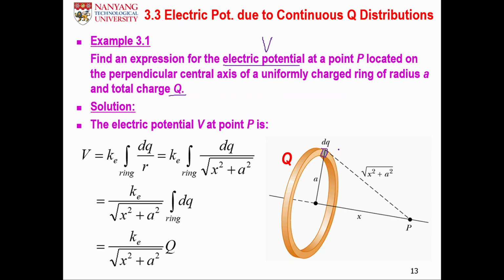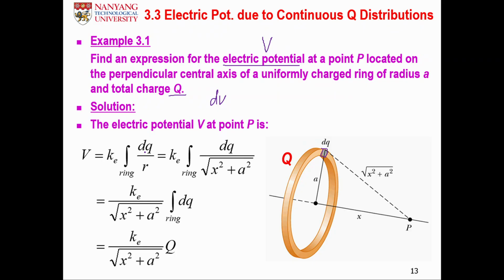Once we have this single point charge, we can have this dV due to this dq, which is ke times dq over r.